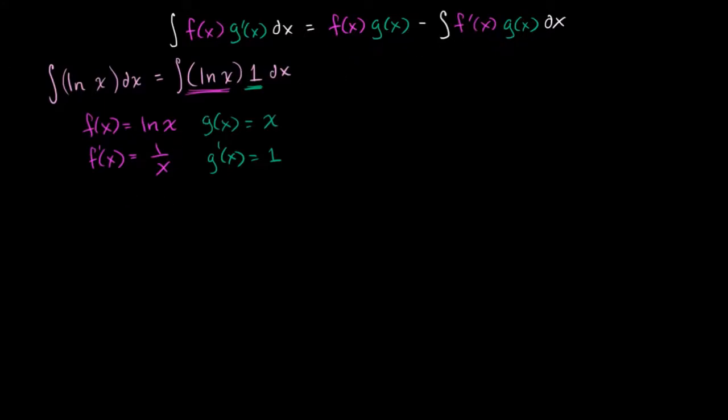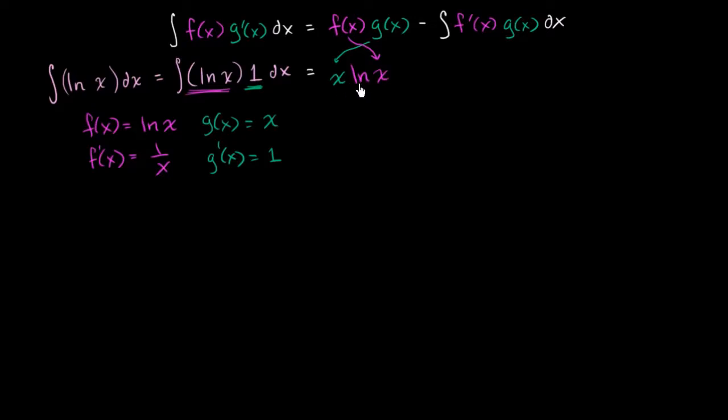And so let's go back right over here. So this is going to be equal to f of x times g of x. Well, f of x times g of x is x natural log of x. So g of x is x, and f of x is the natural log of x. I just like writing the x in front of the natural log of x to avoid ambiguity.